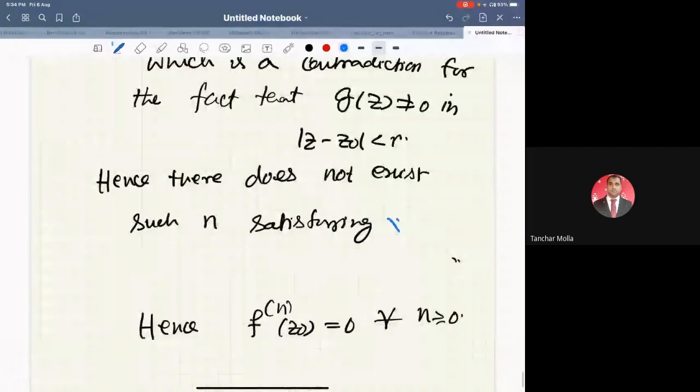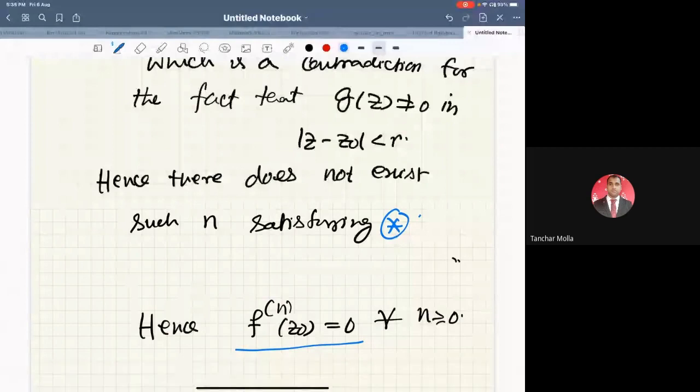Satisfying star. Therefore, f to the n of z naught equals to 0 for all n greater than equals to 0. So what we proved is A implies B, A implies C, and we proved C implies B.